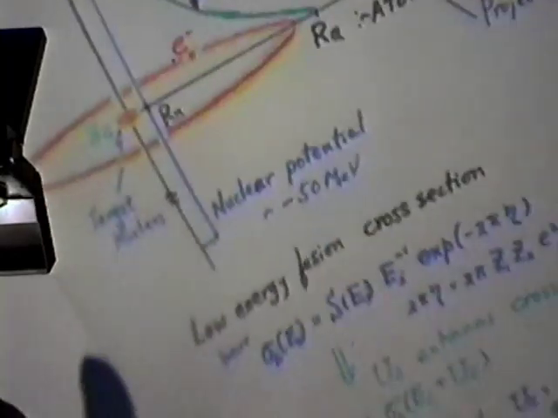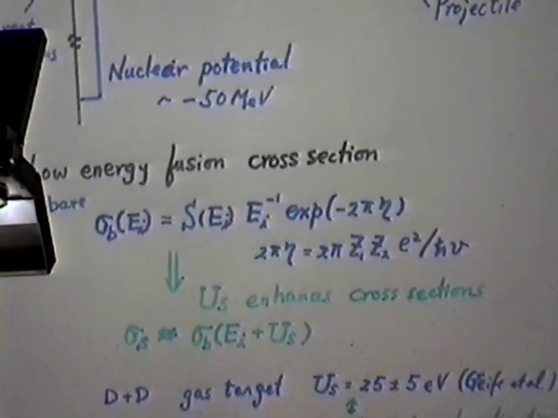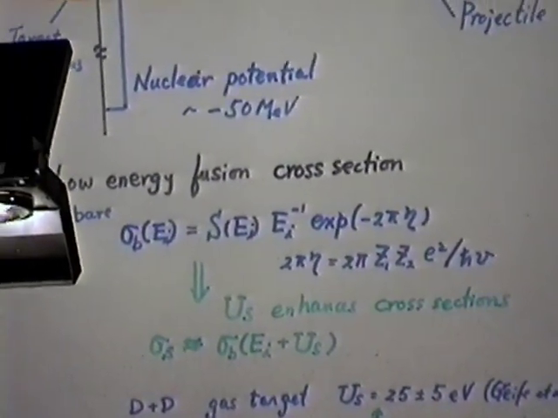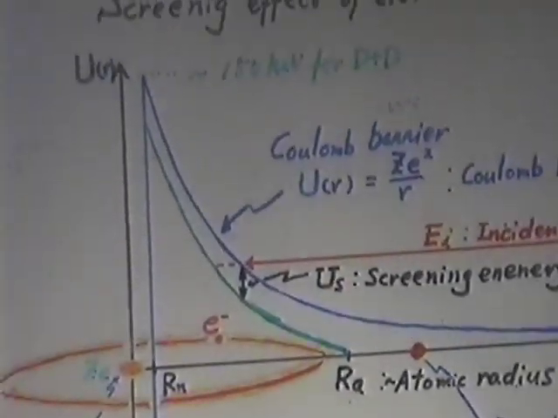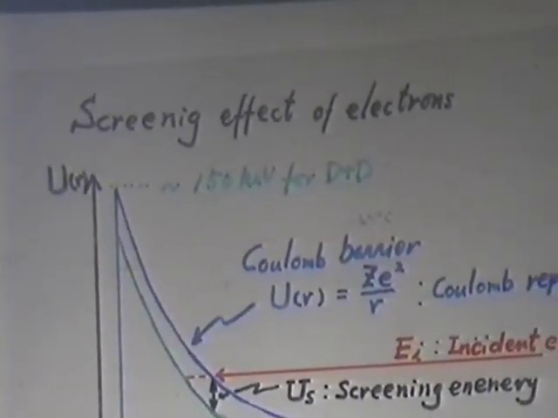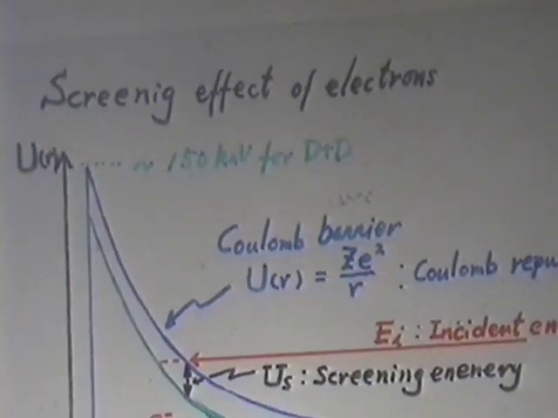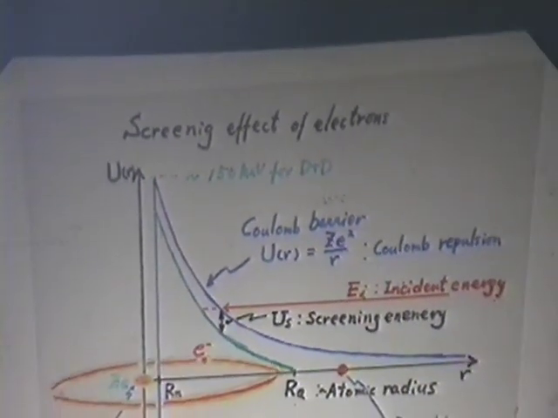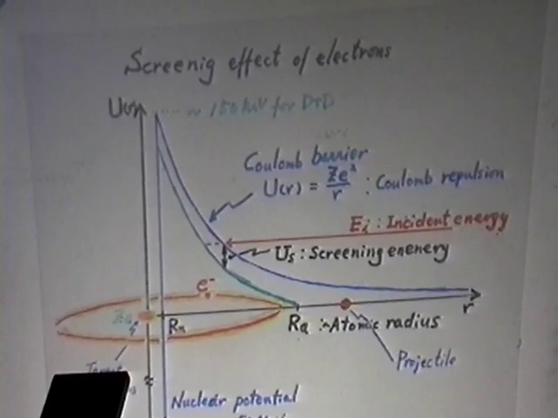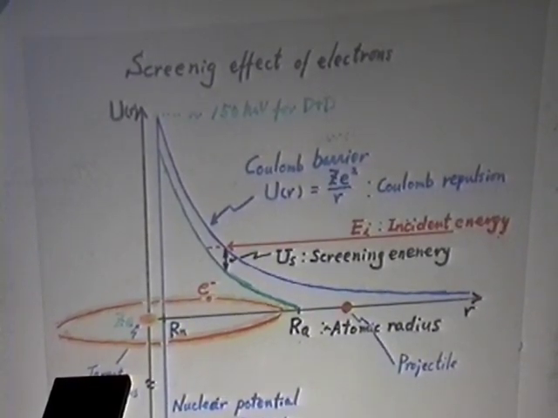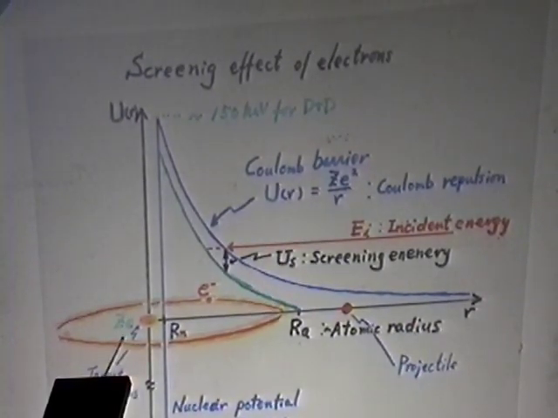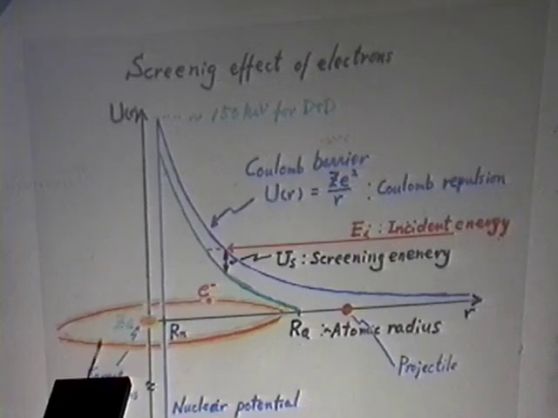Just to go to the results, I will show this figure. This is to explain how the screening occurs. I just take a very simple case. Our target nucleus is of course surrounded by electrons, for example, this bound electron atom.